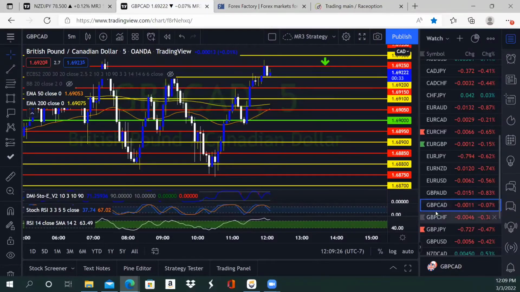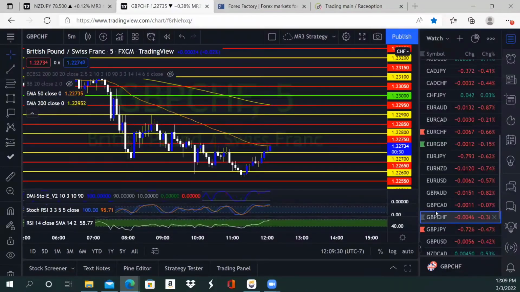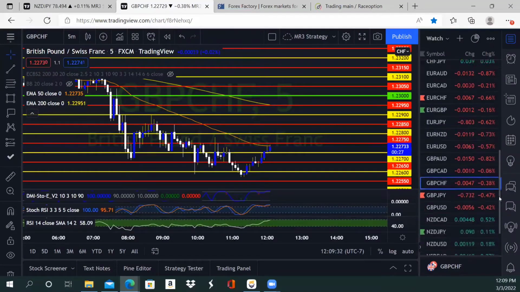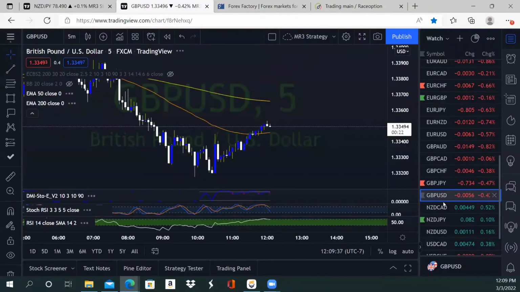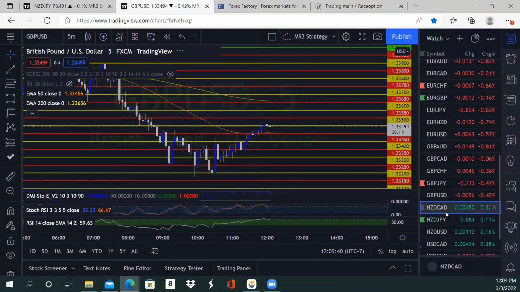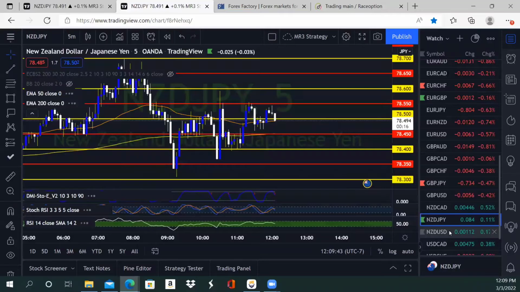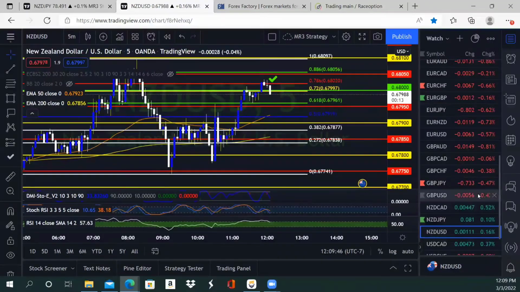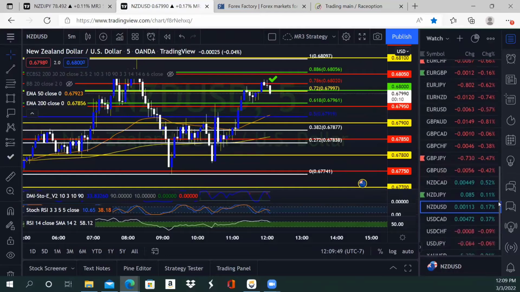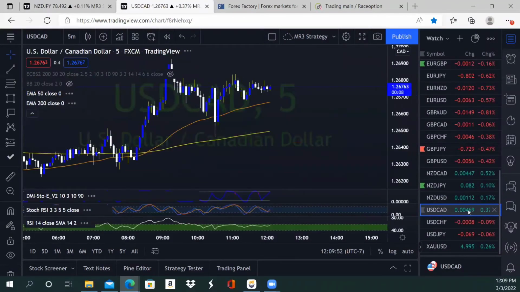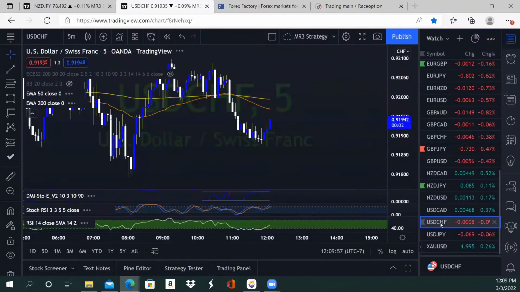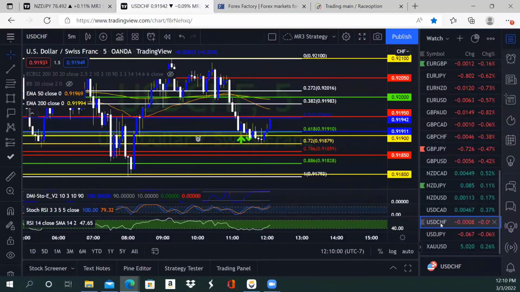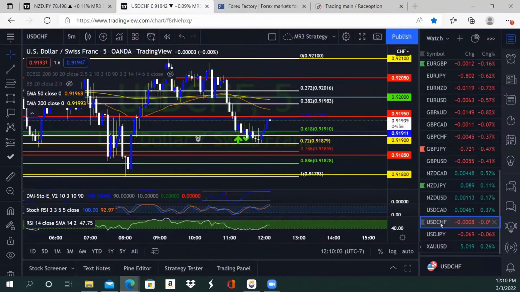That would have won. 5. Yeah, 5 trades so far. You know, 5 or 6 trades, that's quite a bit.